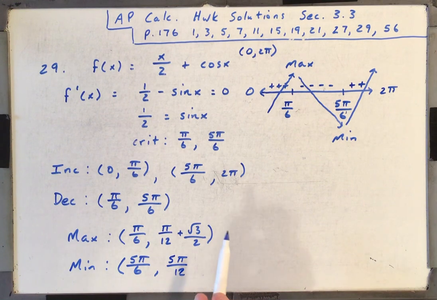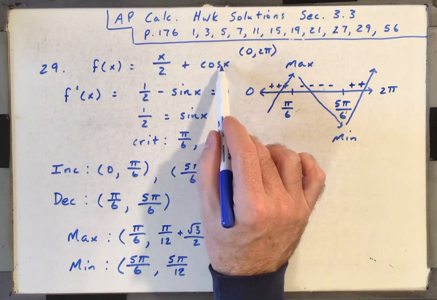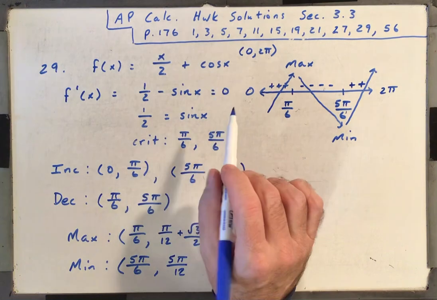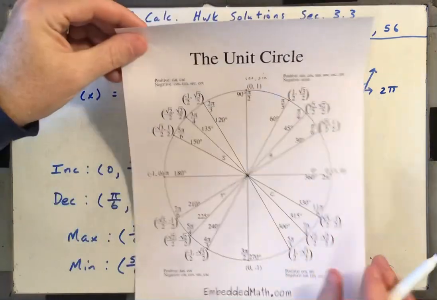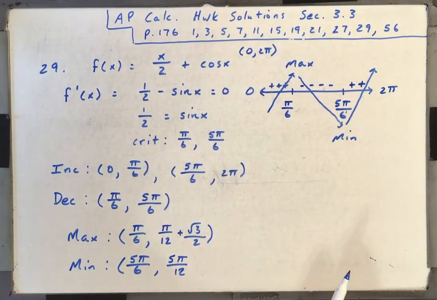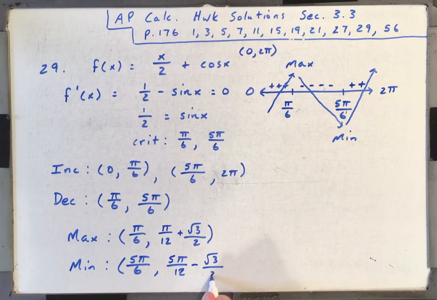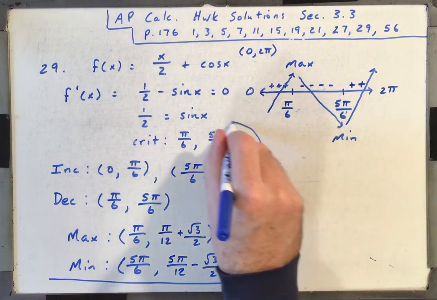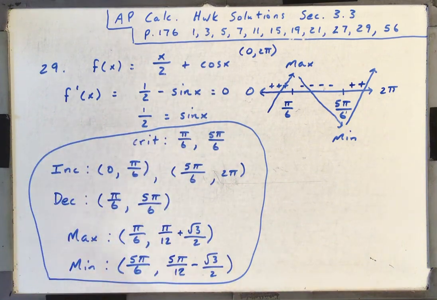And then the cosine of 5 pi over 6 is negative root 3 over 2, isn't it? So minus root 3 over 2. Pretty cool. And we can just leave it like that.